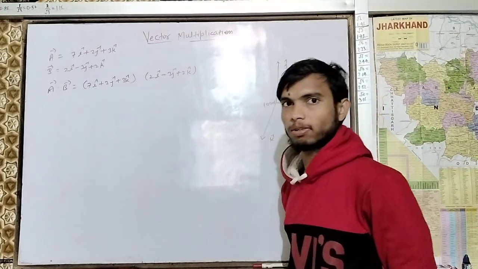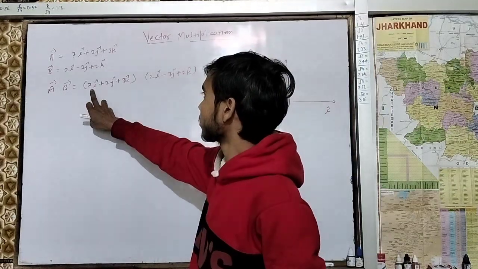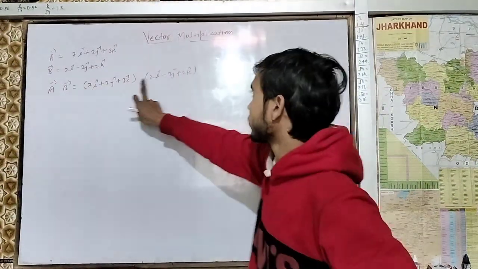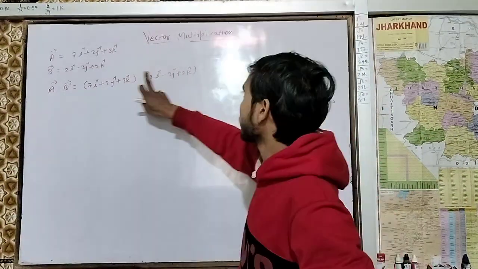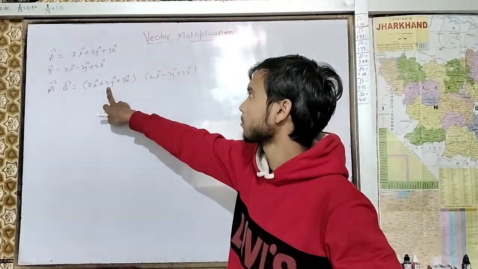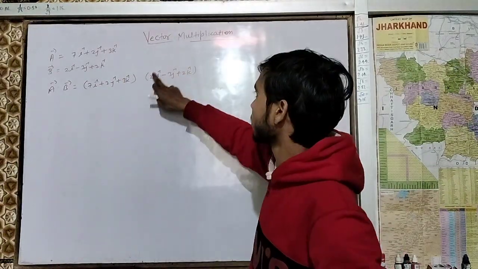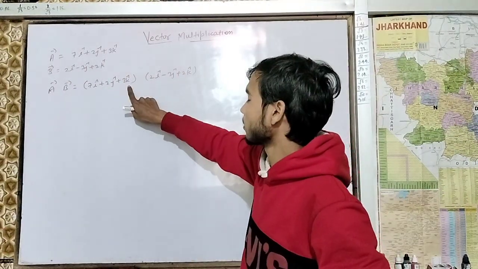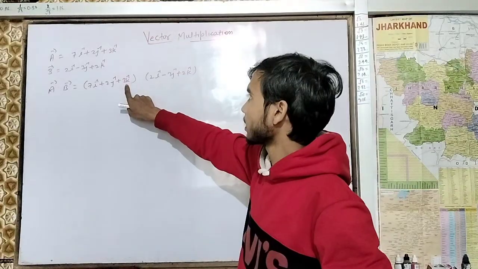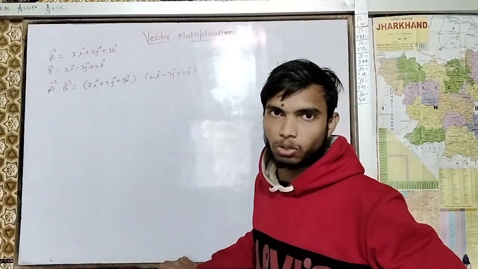Now you have an option: either you can multiply all these terms like this, 7 by 2, then 7 by 3, then 7 by 2, then take the term 2 and multiply it by all three terms, then take this and multiply it by all these terms, and add. That is your first option.